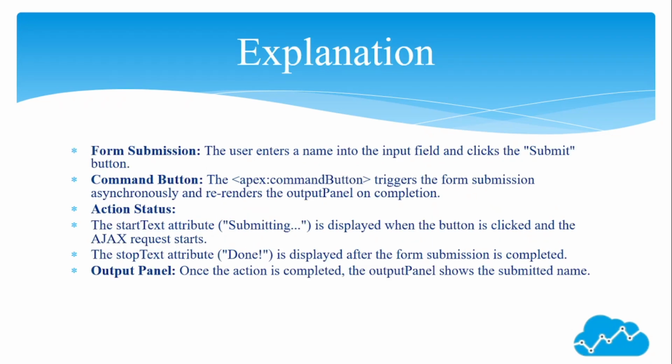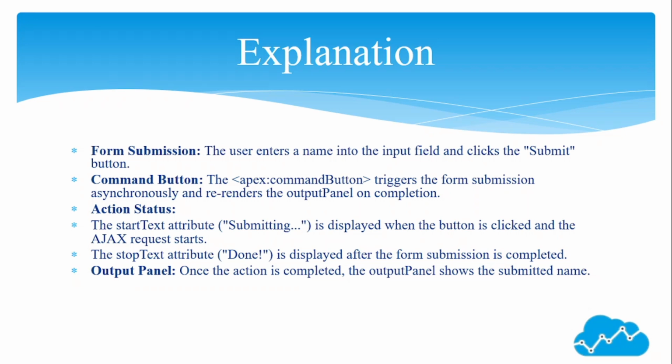Explanation: form submission. The user enters a name into the input field and clicks the submit button. Command button. The apex:commandButton triggers the form submission asynchronously and re-renders the output panel on completion. Action status.